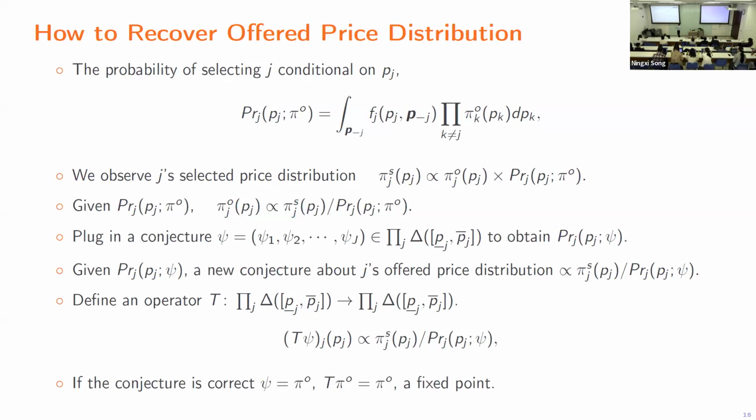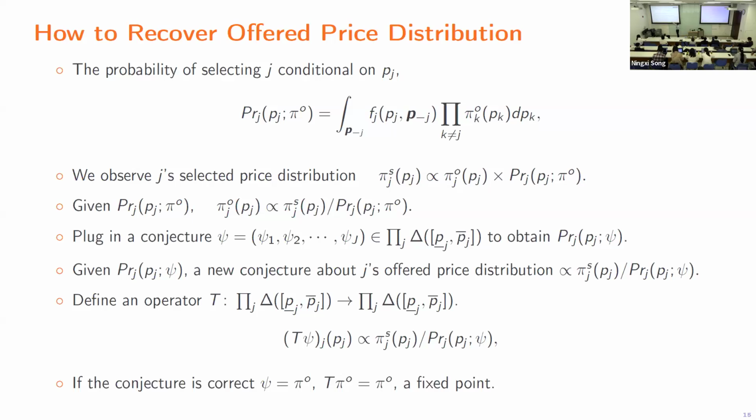The tentative approach is to plug in a conjecture, any kind of conjecture, maybe even a uniform distribution. I can plug in this phi, which is some conjecture of the offer price distribution, into this PR function. Then I can replicate this exercise, using the selected density divided by this PR function, to get a new conjecture.